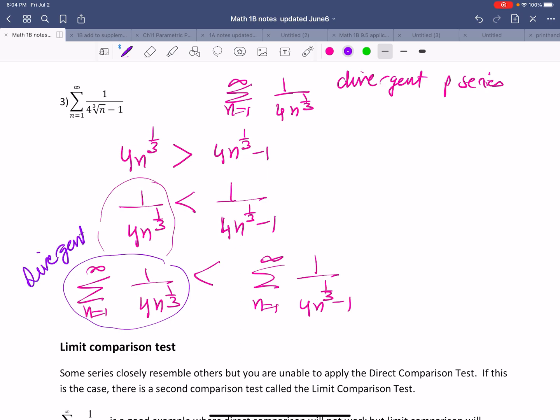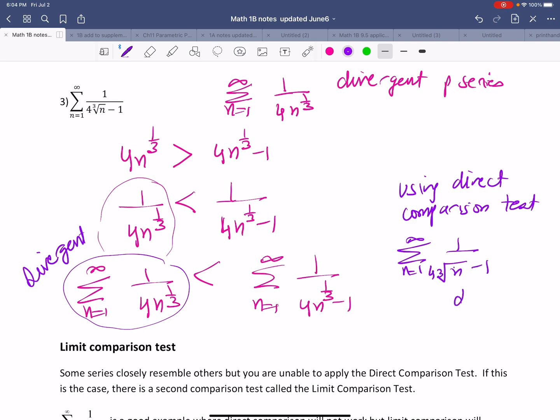So if the smaller one diverges, by using the direct comparison test, we can say that the larger one also diverges. Direct comparison test, we can say the summation n equals 1 to infinity of 1 over 4 cube root of n minus 1 diverges. So this is also a divergent series using the direct comparison test.